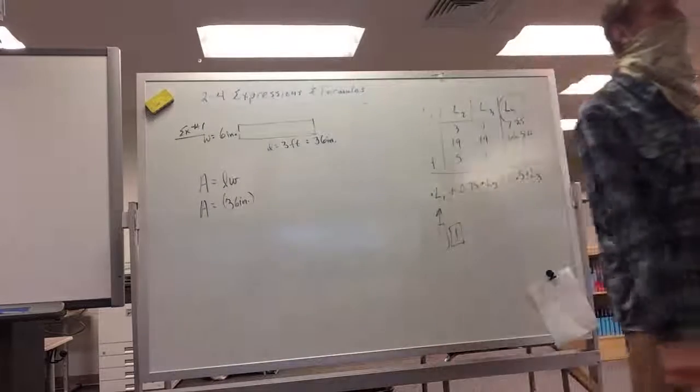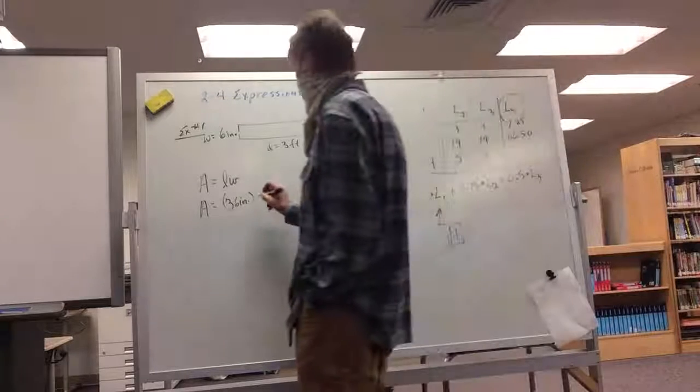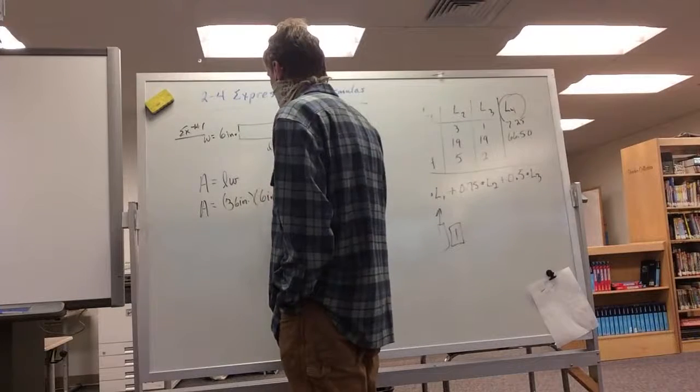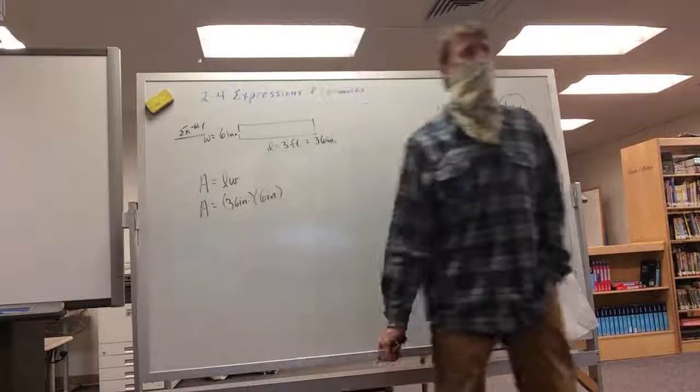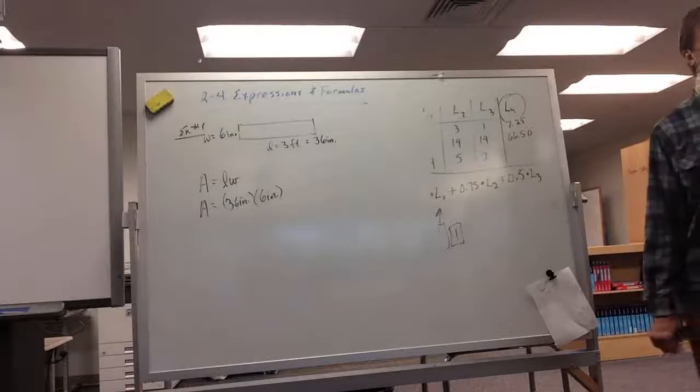And here it's a little more convenient to use parentheses for multiplication, because with the dot after the inches, things start getting mixed up when we have dots in multiplication. So what is 6 times 36?